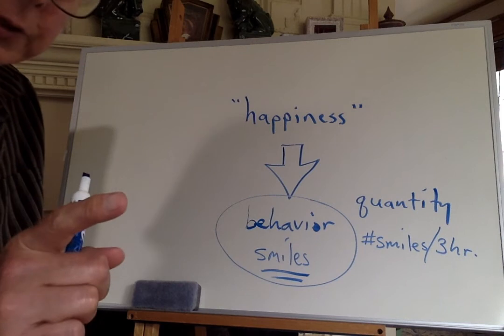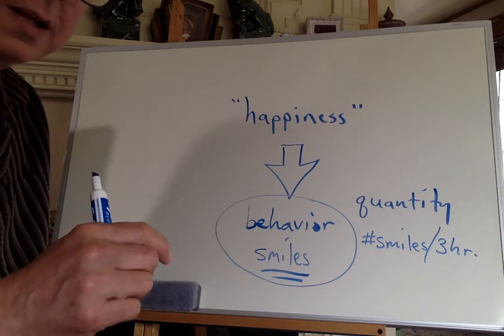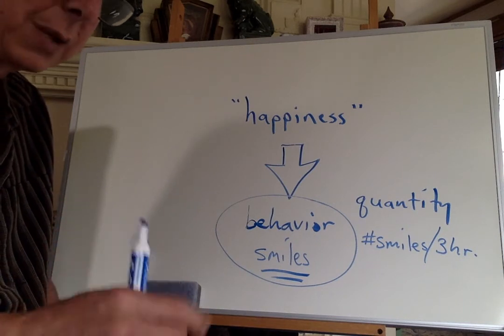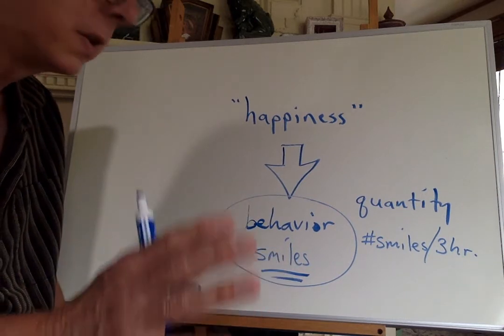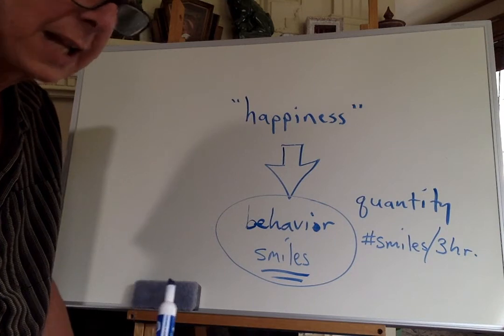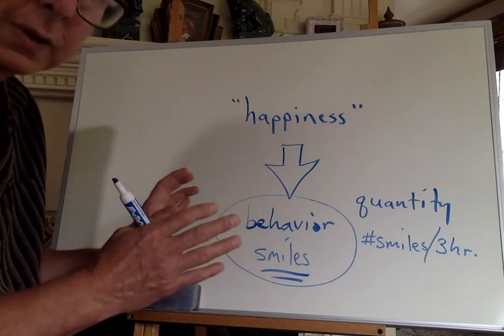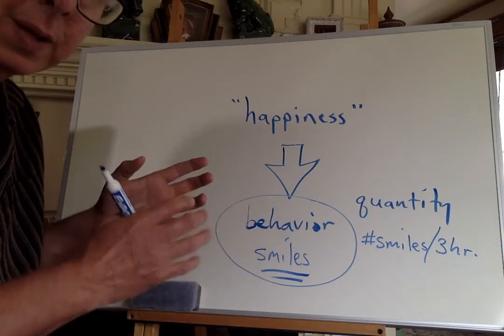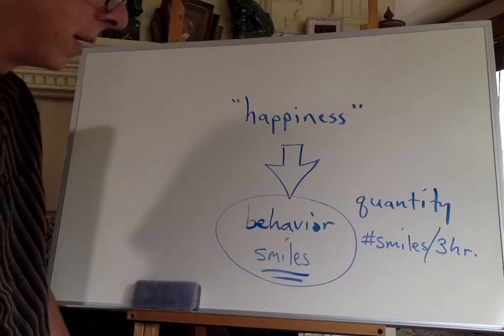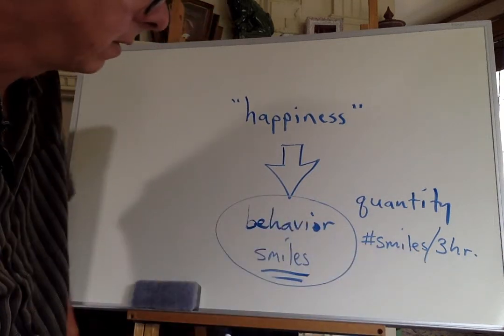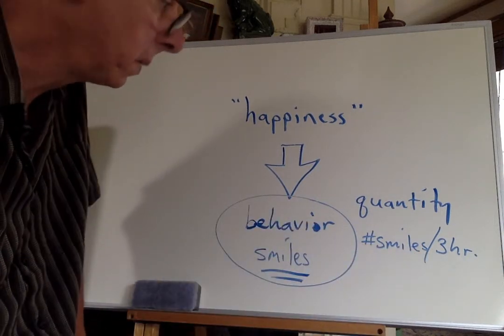Now, we have to be careful, and sometimes people get frustrated because I'm always like, we have to be careful, we have to be careful. Yes, this is complex, folks. This is complex stuff. That's why I'm starting from the ground level, because when things get more complex, you'll understand why we're talking about that. Number of smiles in a 3-hour period. Okay, cool.